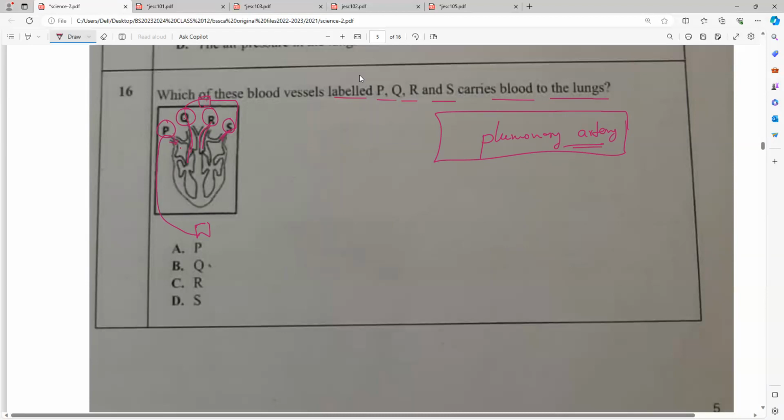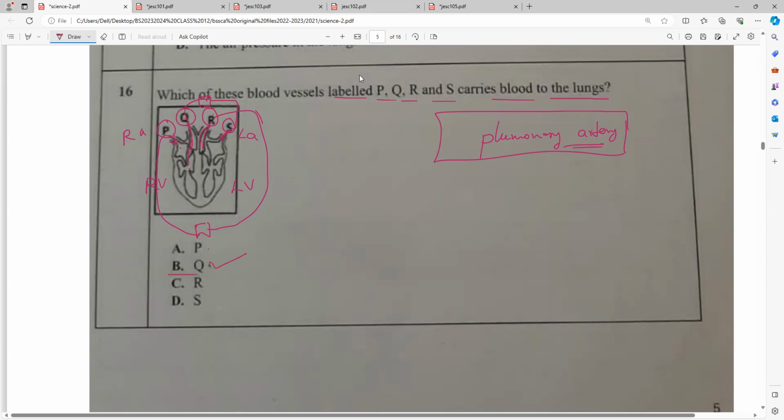So P is coming from the body parts to the right atrium, and Q is going from the right ventricle to the lungs, and R is going from the left ventricle to the body parts, and S is coming from the lungs to the left atrium. So what is the correct answer?